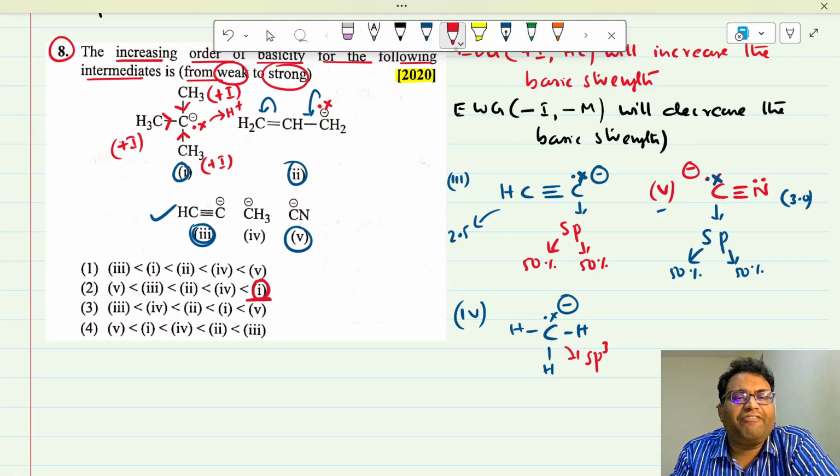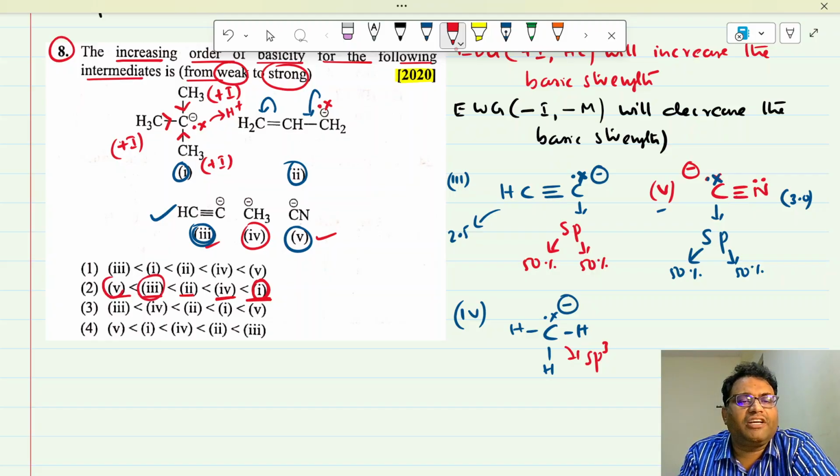Then after, among 2, 3, 4, in 2, the pair of electrons are delocalized. In 3, 4, 5, it is not delocalized. But in fourth molecule, we find that the carbon is undergoing sp3 hybridization, so that it will not hold the electrons more effectively, so it can donate. So after that, fourth molecule is more basic. And among 5, 3, 2, already we have seen that among 5 and 3, 3 is more basic than 5.